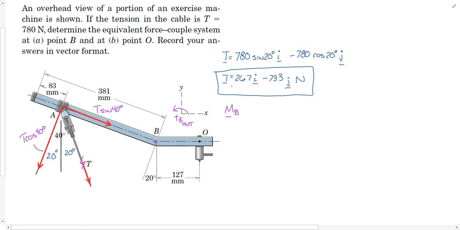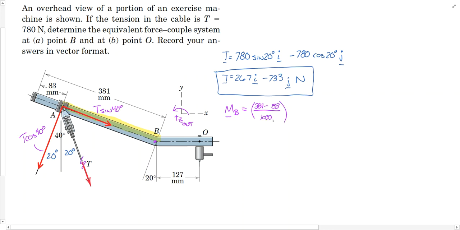So the moment around B is equal to the moment arm distance, which can be seen as this highlighted portion, which for us is equal to 381 millimeters minus 83 divided by 1,000.